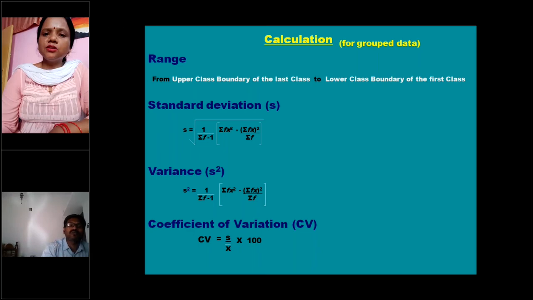For grouped data, the standard deviation and variance formulas are a little different, but we have the data in the table, the frequency, and the x we have to calculate, and simply put it into the formula, and we get the result. And this is the coefficient of variation, nothing but standard deviation divided by mean into 100, a simple formula.